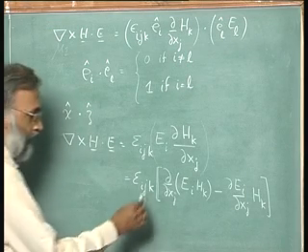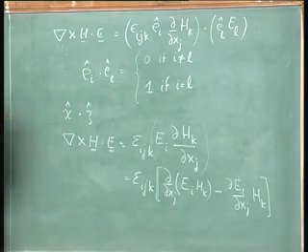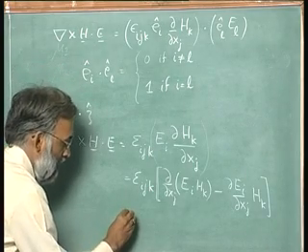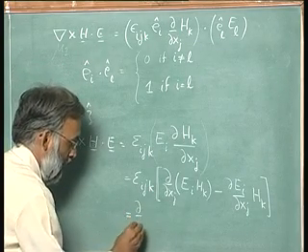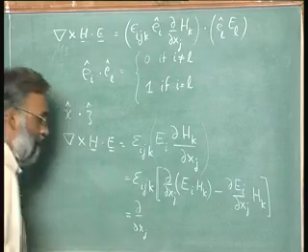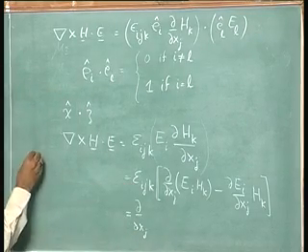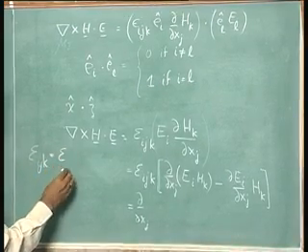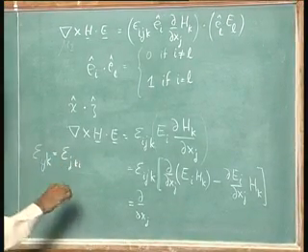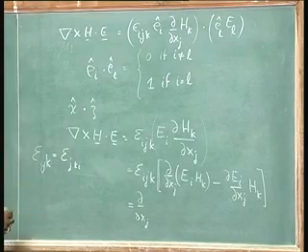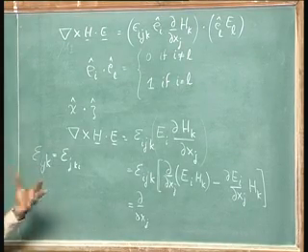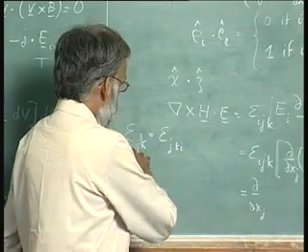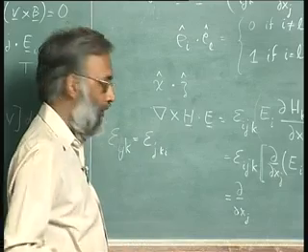But now let us identify each of these. If I look at this expression, I can write it the following way: del del x j. Now, this epsilon I j k is also equal to epsilon j k I, because it is cyclic. It does not care whether I say 1 2 3 or 2 3 1 or 3 1 2. Since all of them are equal, if I just cycle these numbers, the value does not change.